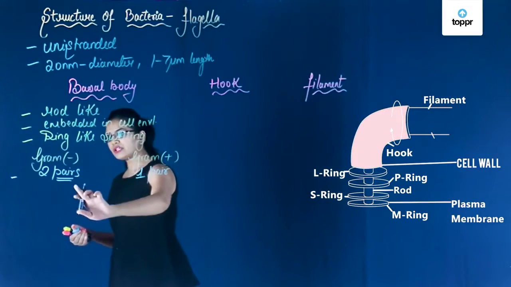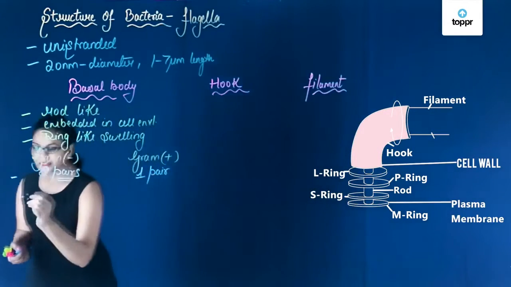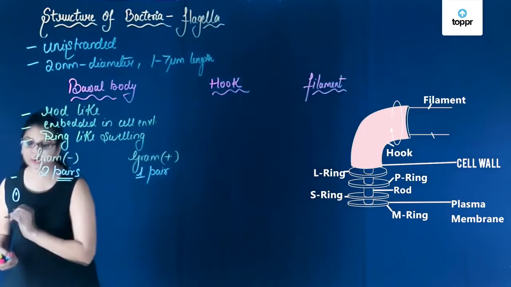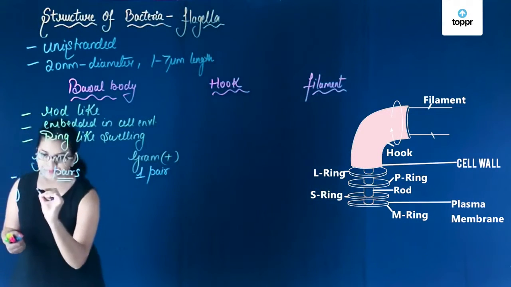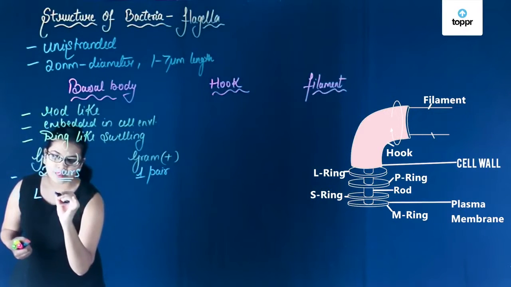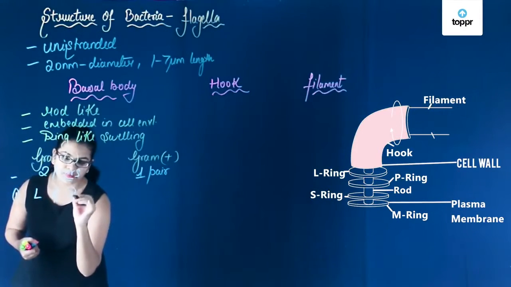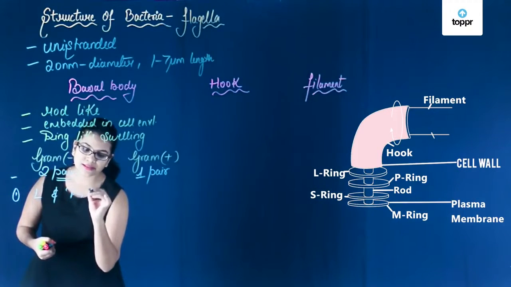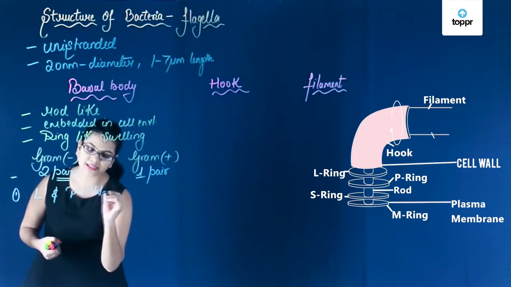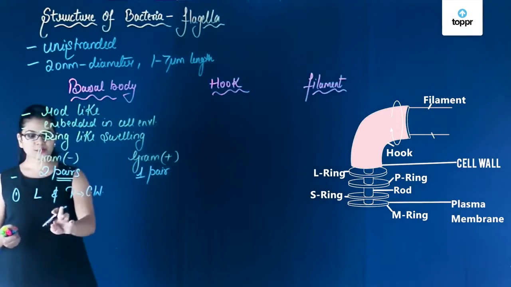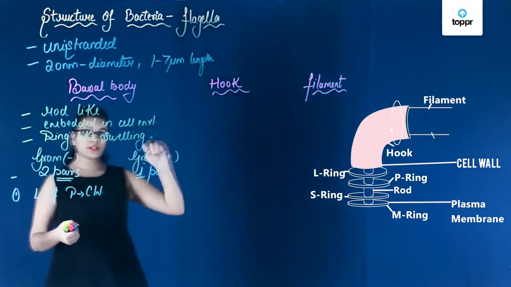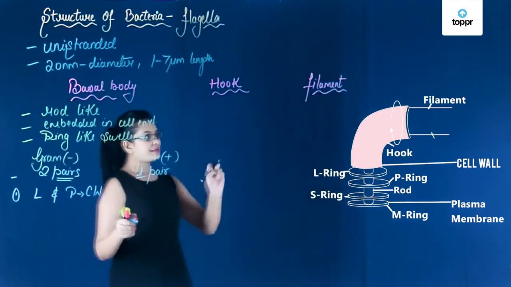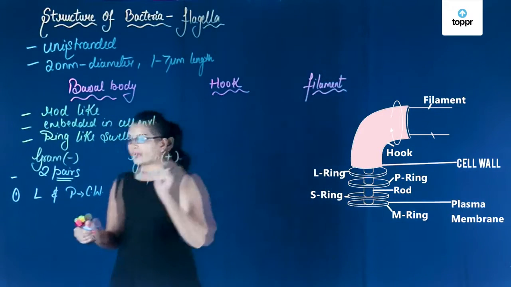Now coming to these 2 pairs, the first pair is L and P, and this pair is present in the cell wall. I am writing CW for it. You can observe the same in the figure as well. This L and P is embedded in the cell wall.